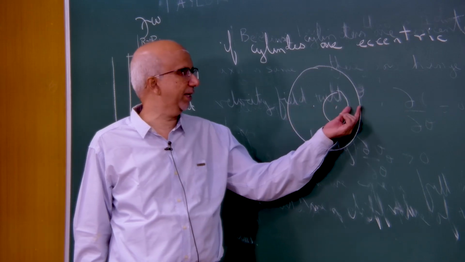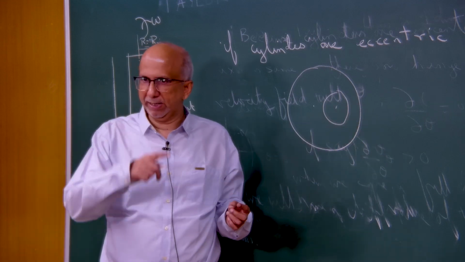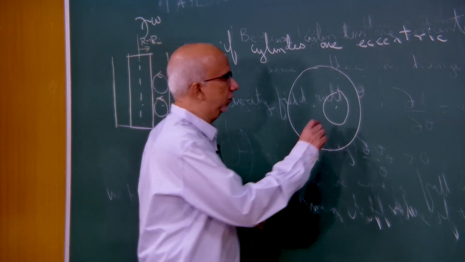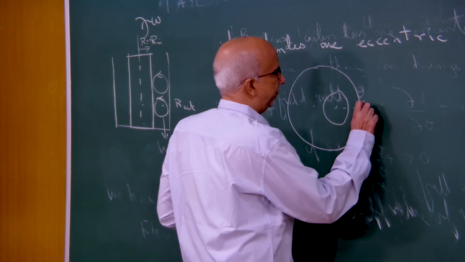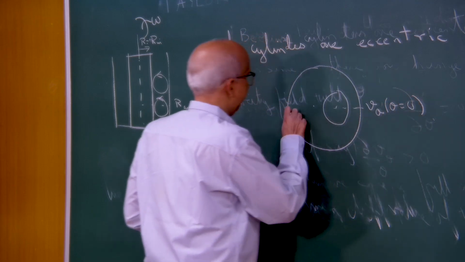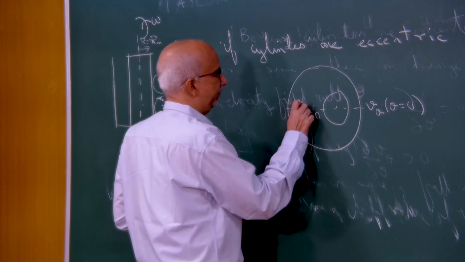So the velocity here has to be much higher because the same liquid has to flow because of continuity. Okay. The velocity at theta equal to 0, so this is v theta at theta equal to 0, and this is theta equal to pi. There is v theta here.